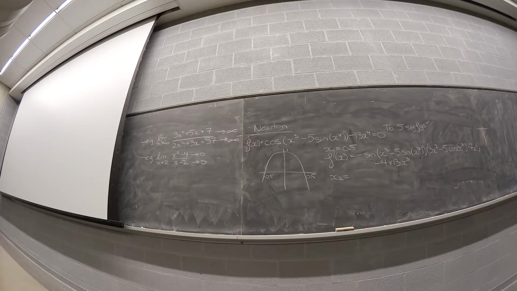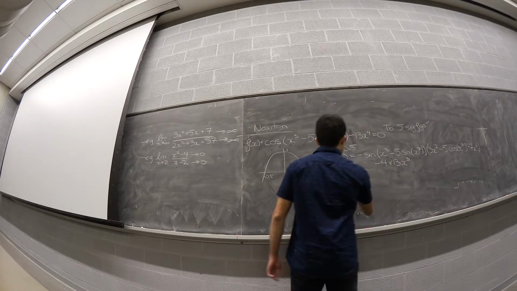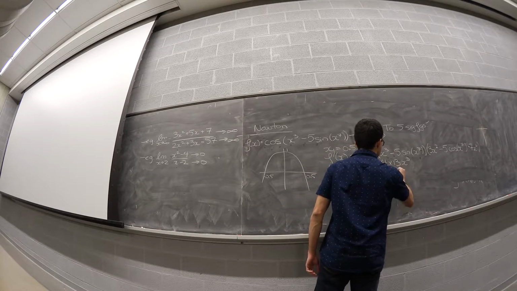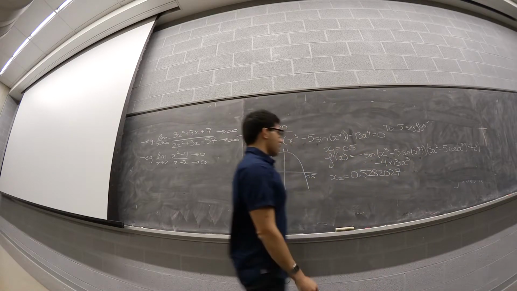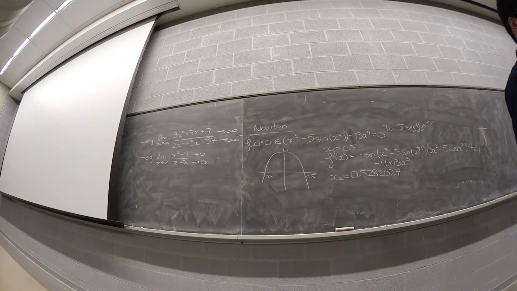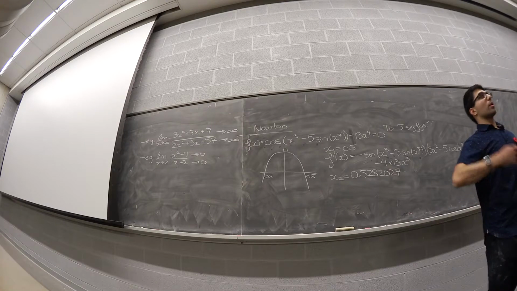So 0.5282027. Stuff. Okay. Do it again. Now I use x2.